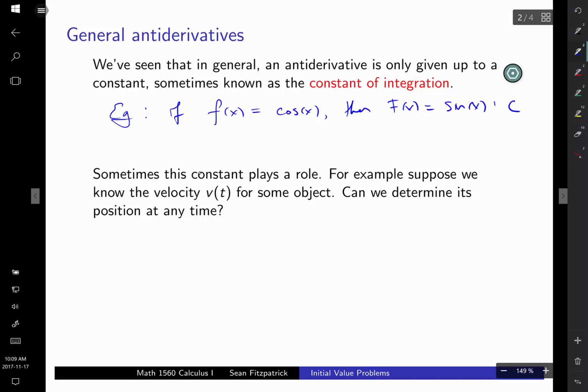There might be some plus c that I have to account for there, right? And I don't necessarily know what c I want, and if I'm looking for the most general answer, I would just leave that c undetermined.